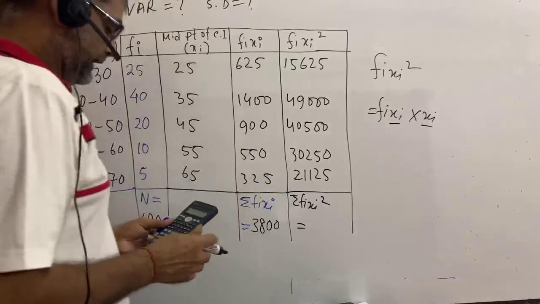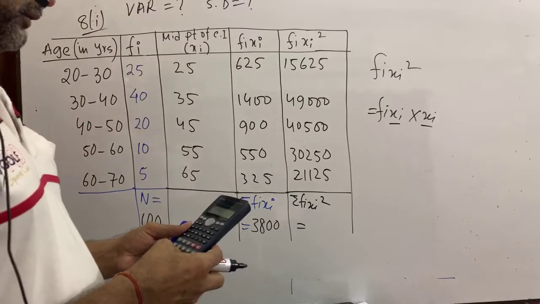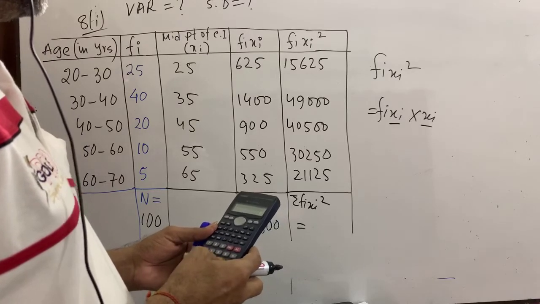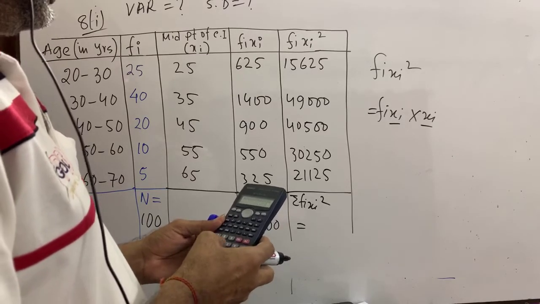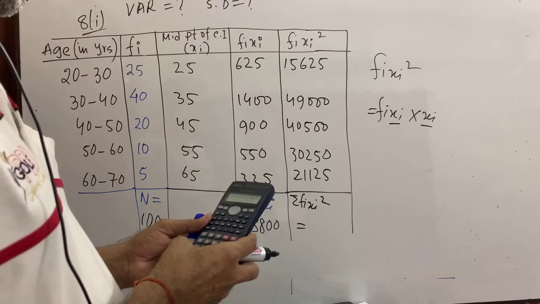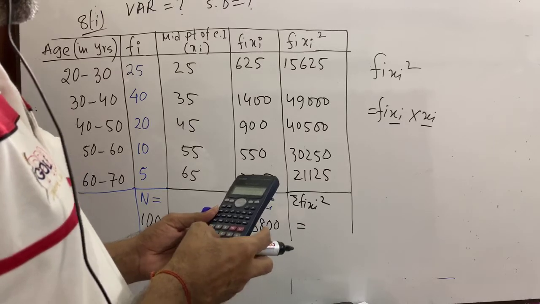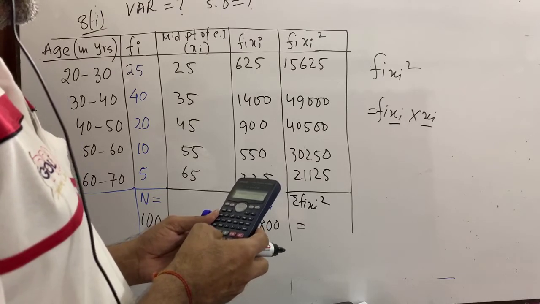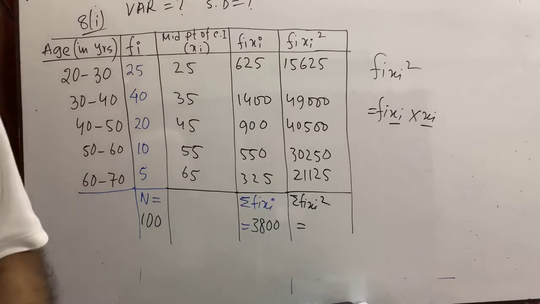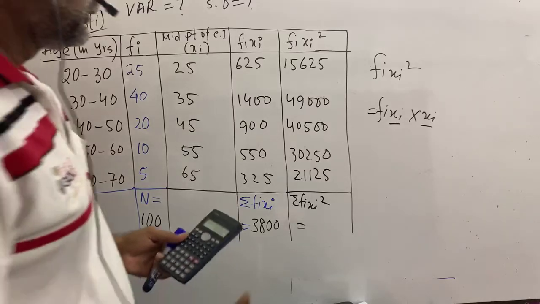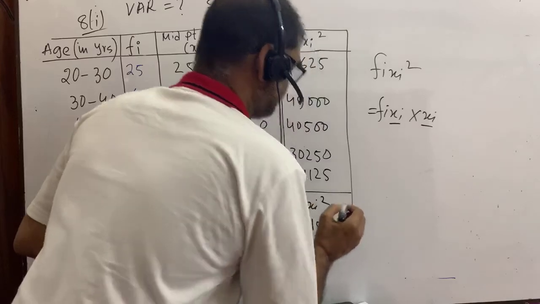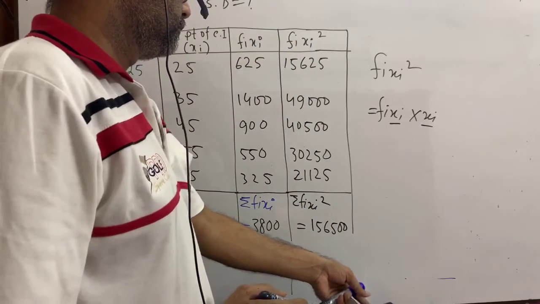You calculate it, please: 21125 plus 30250 plus 40500 plus 49,000 plus 15625 is equal to 156,500. Yes, 156,500.